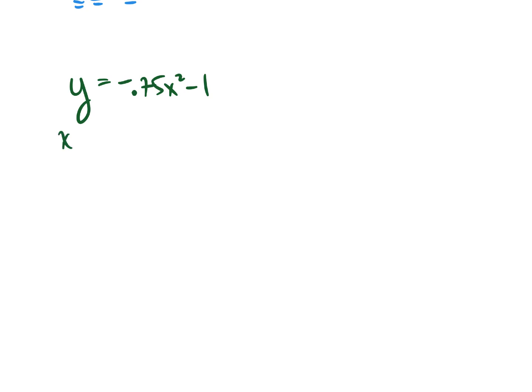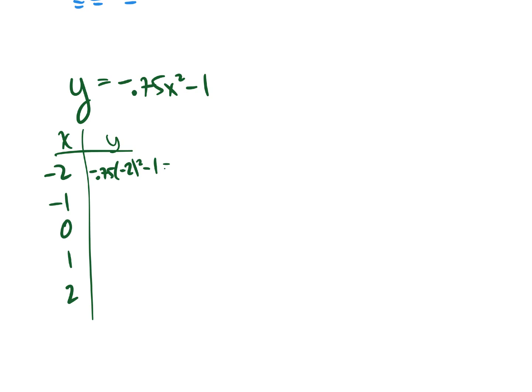Again, we're going to start off the same way we've started all of them. We're going to start with our xy table, and we're going to put in the same batch of numbers, 0, positive and negative 1, positive and negative 2. All right? Again, we're just going to put those numbers in for x, so we'll put in negative 2. And this time we'll have to use our calculator to punch all of that out. All right, then we'll put in negative 1.